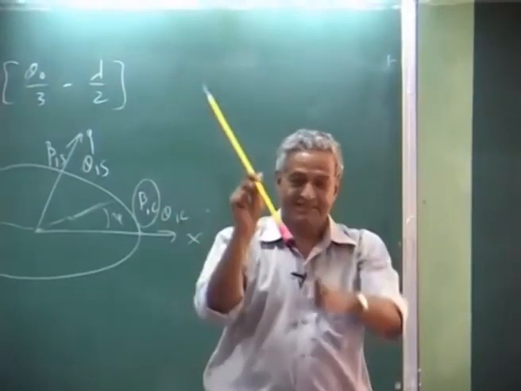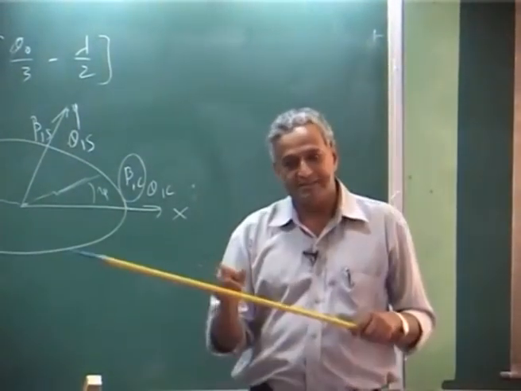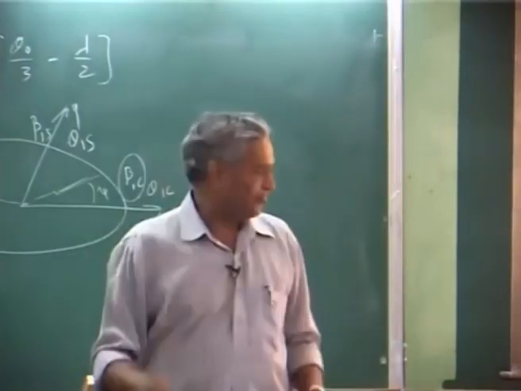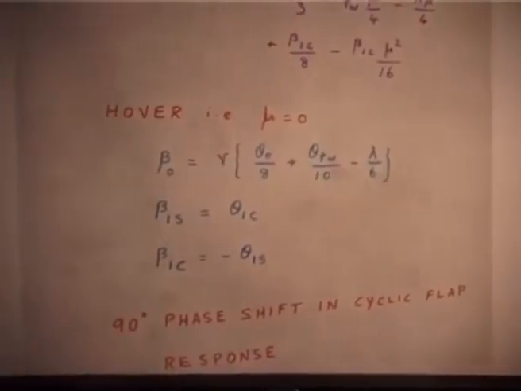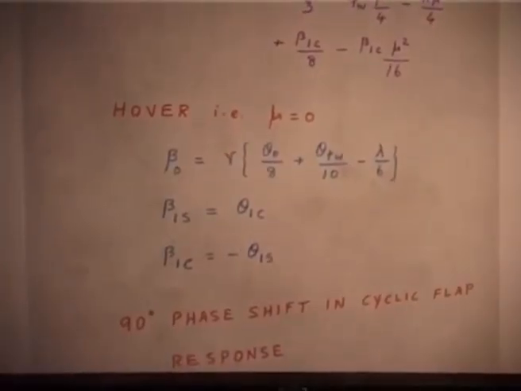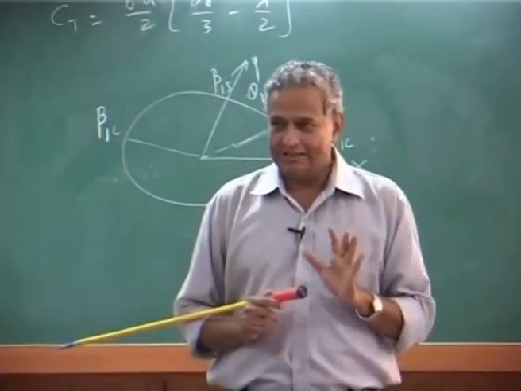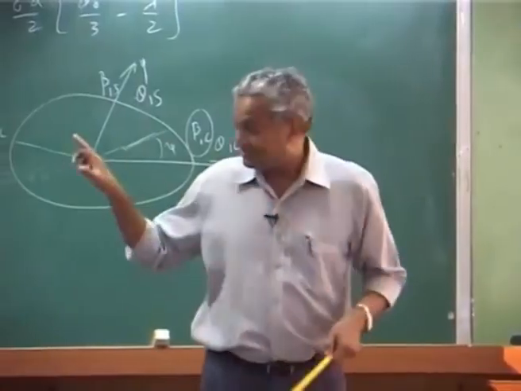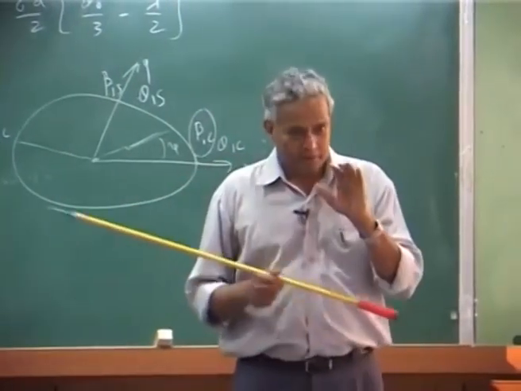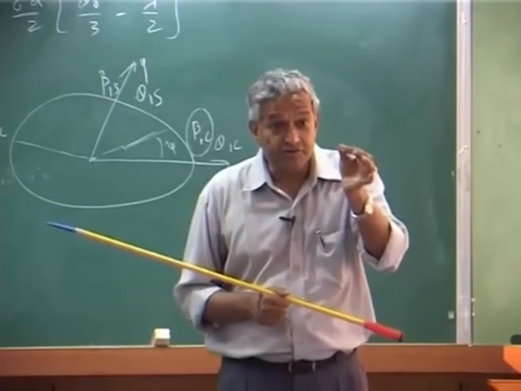At the back, at the 180, it will come down. So, there is a phase shift of 90 degree between input and output. But please note, this 90 degree is only for this simple case of hover plus centrally hinged blade.